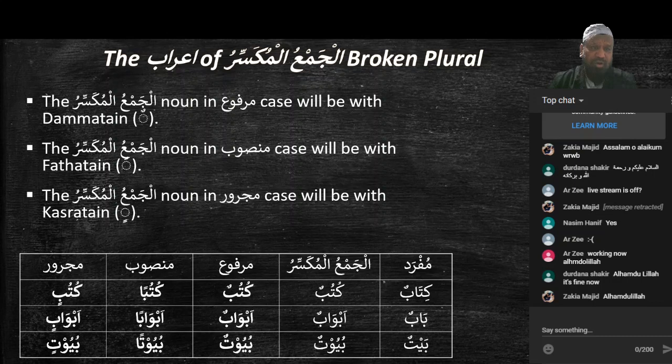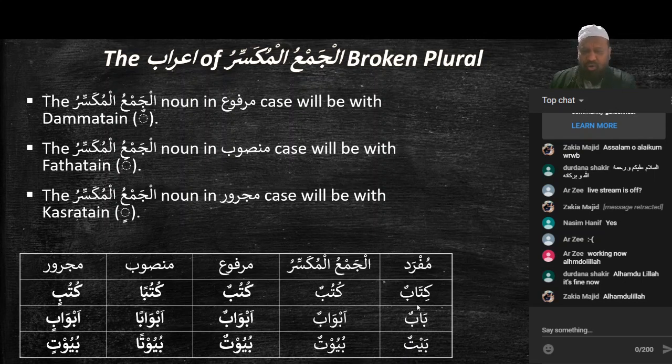The al-Jam' al-Mukassar noun in marfu case, or halatul rafa, will be with dammatayn. In mansub case it will be with fathatayn, and in majroor case with kasratayn. So let's see some examples. Over here we have the mufrad isms, and over here we have Jam' al-Mukassar isms.